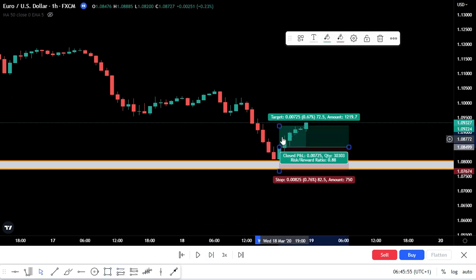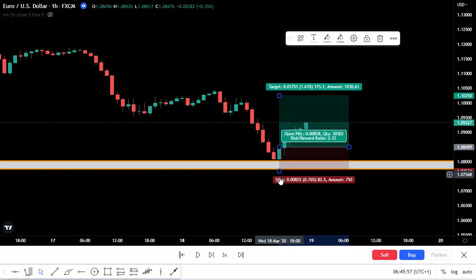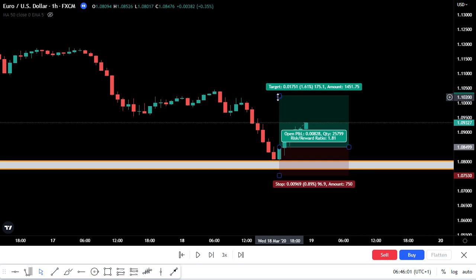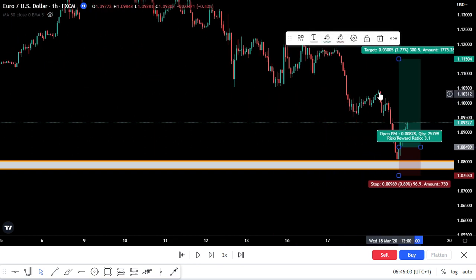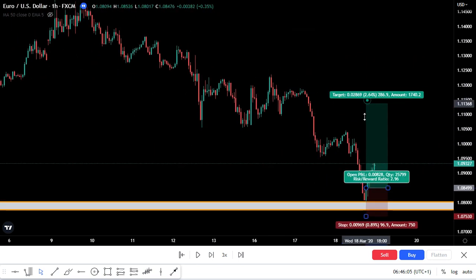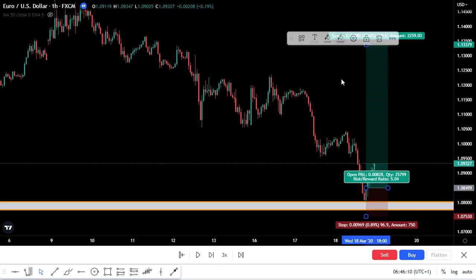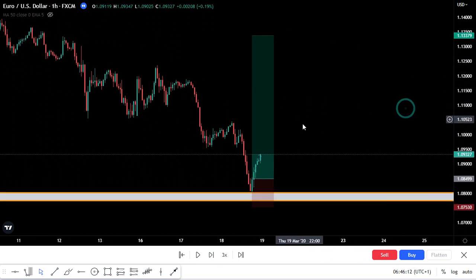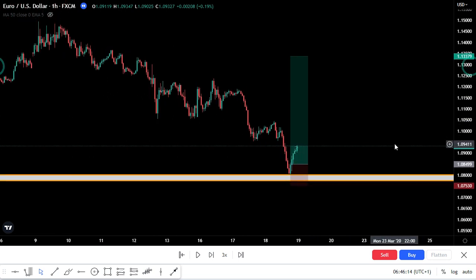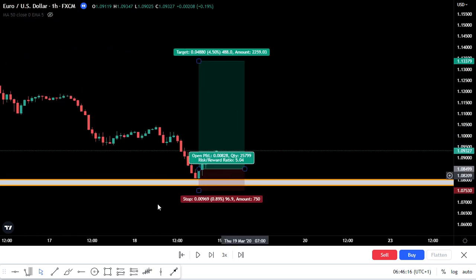I'm not saying that anything is wrong with this, but for me, it's not enough signal. Maybe their TP can be anywhere around here, or here, using the previous swing to take profits. But for me, I'm not going to be entering my trade here just because of the candlestick. It's not enough for me.